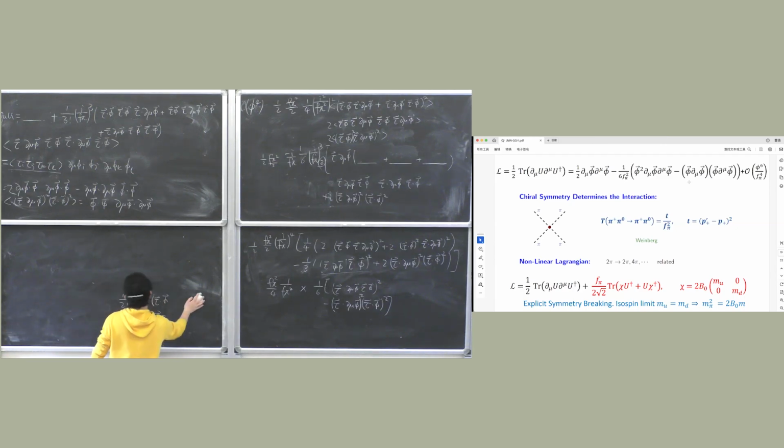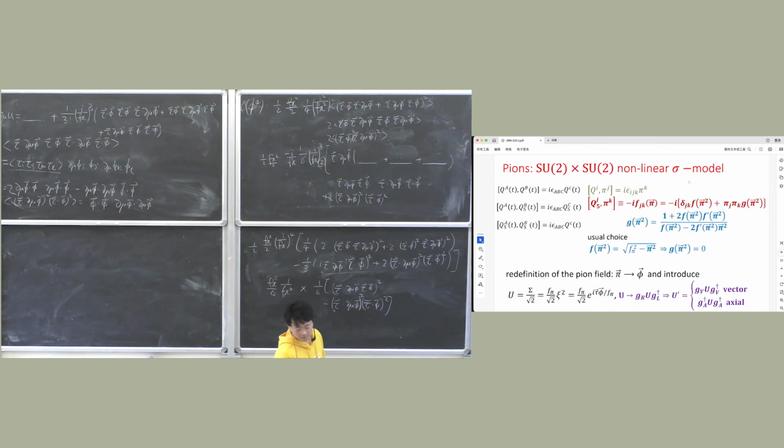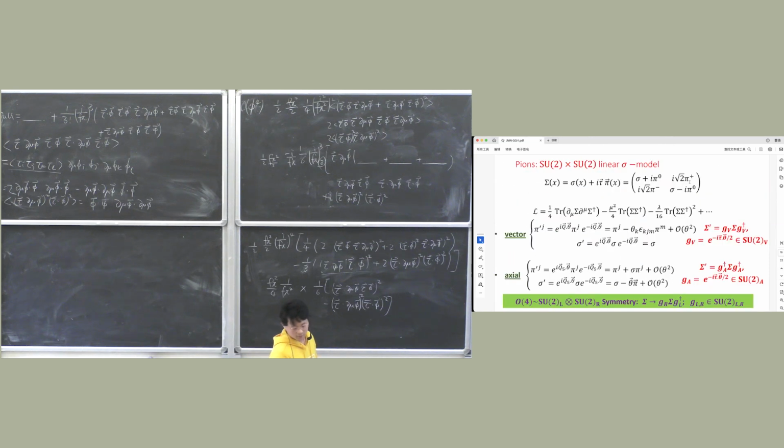Okay, now let's move to the calculation of pi-pi scattering. So where is the pion field?